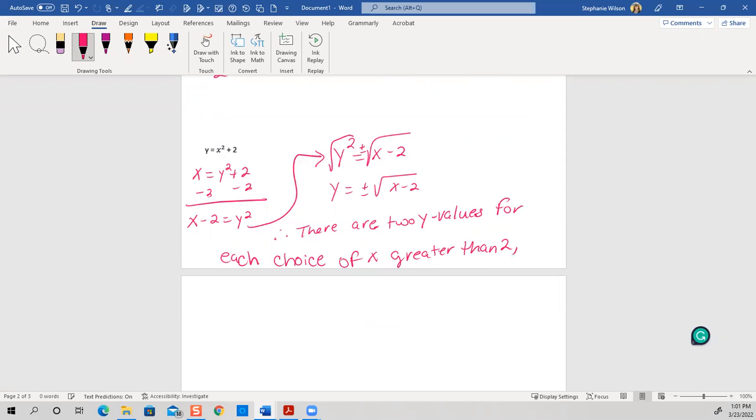So the given function is not 1 to 1 and cannot have an inverse.